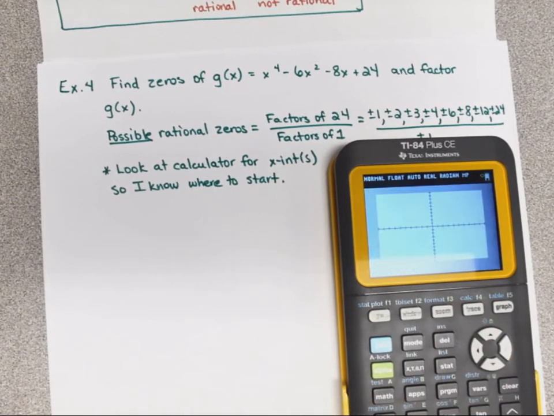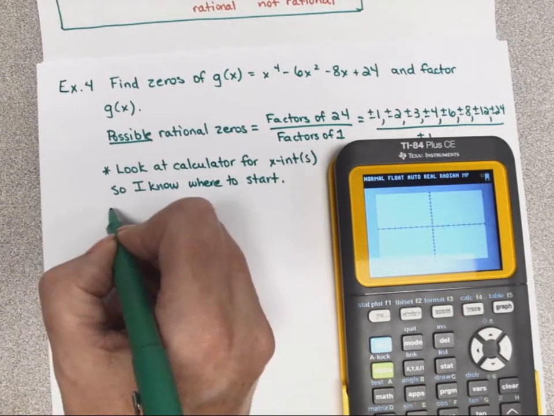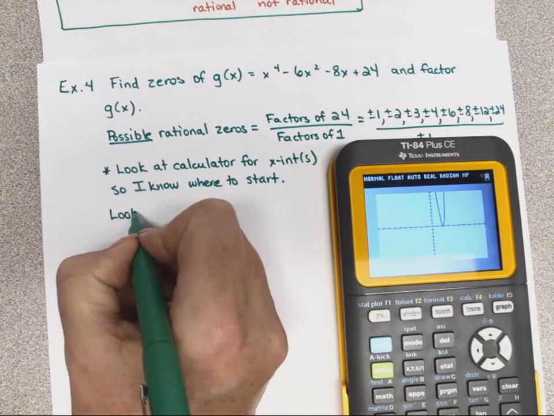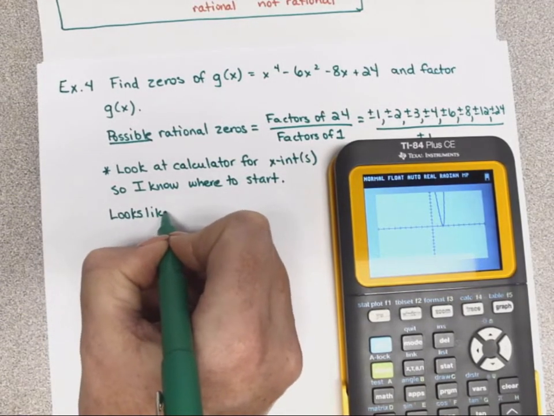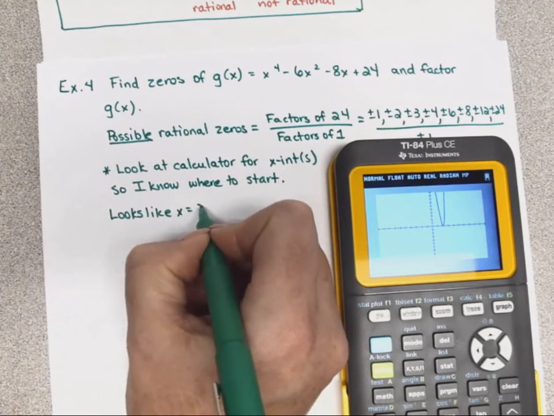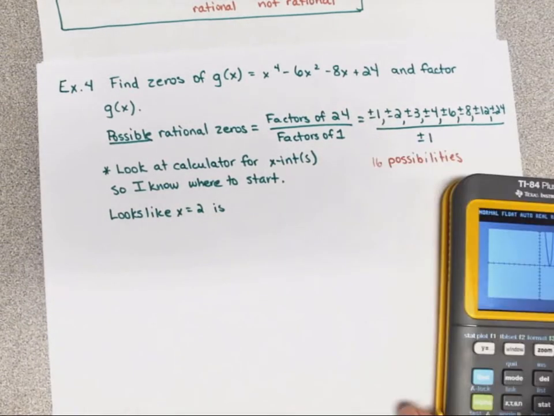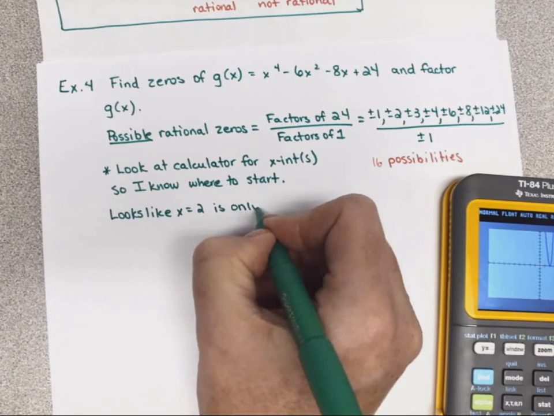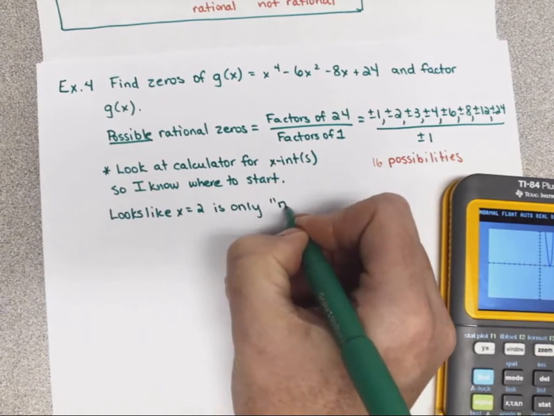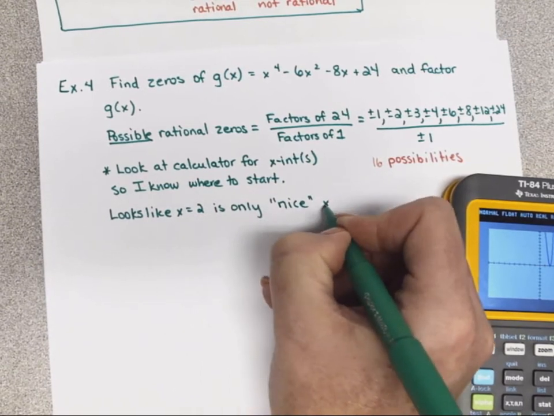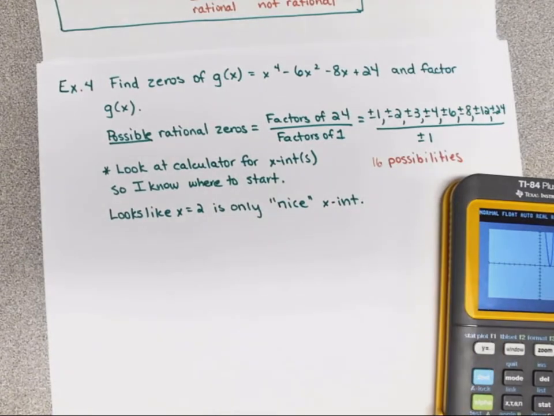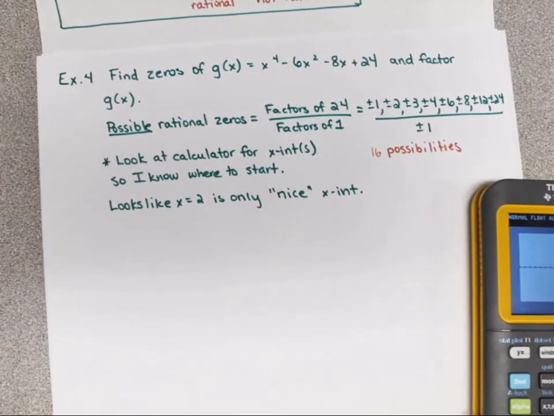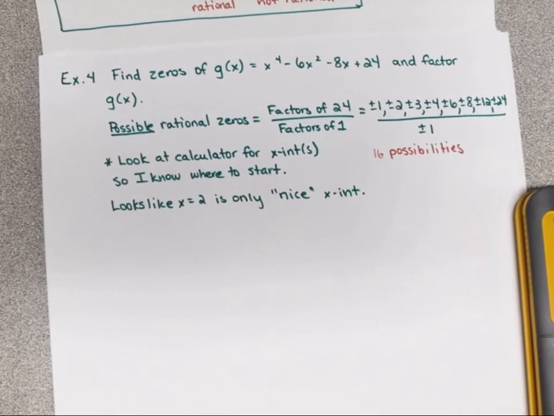Okay, so it actually looks like x equals 2 is the only nice root. We're going to talk more about that graph, so I'm going to put that off to the side.